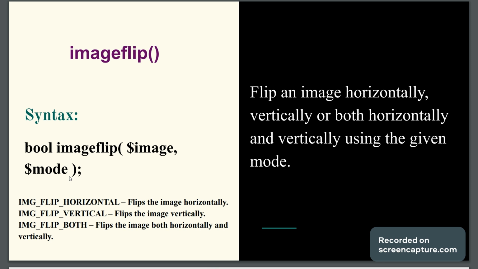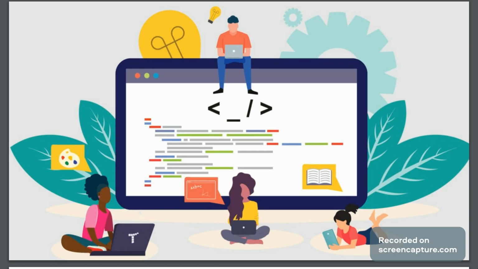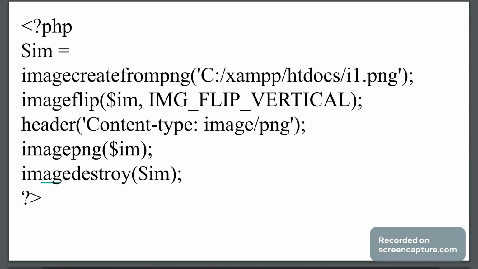Let's see how we can implement the imageflip function in PHP. Suppose I have that I1 image I want to flip. So I am mentioning that as imagecreatefrompng because that's my own image and I don't want to create a new one.